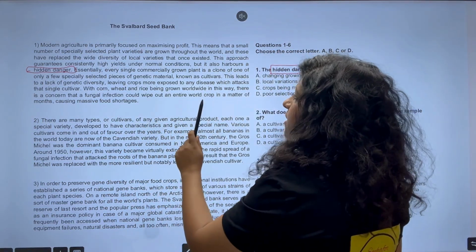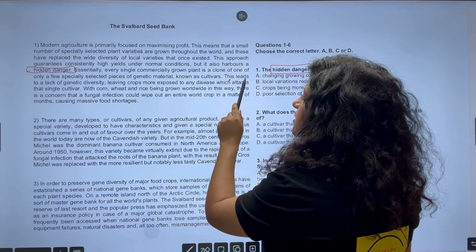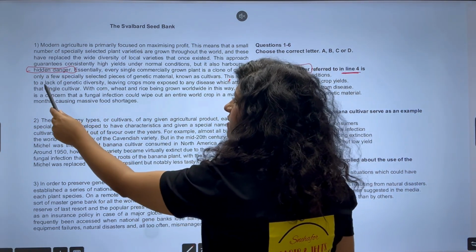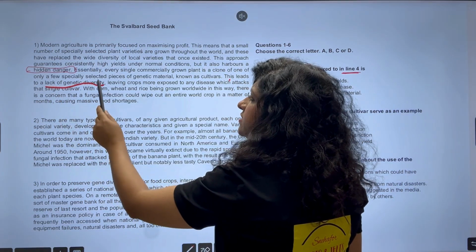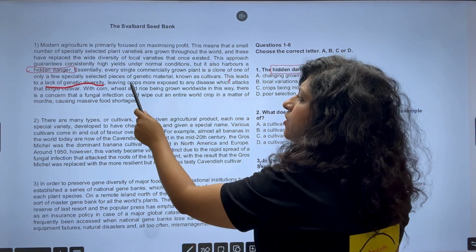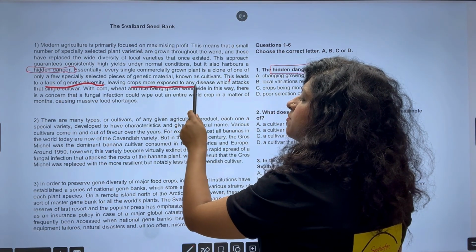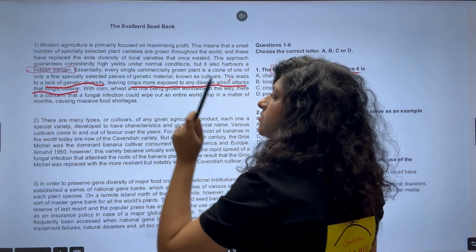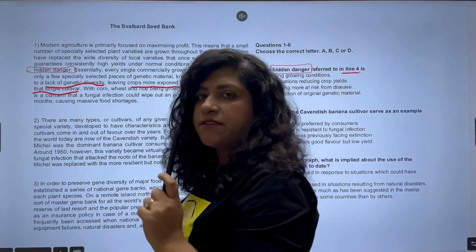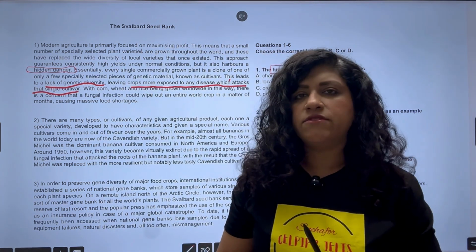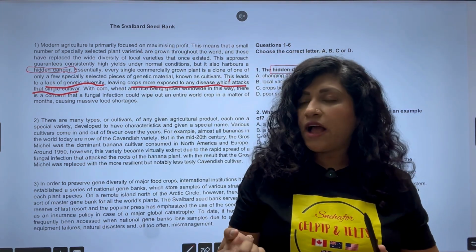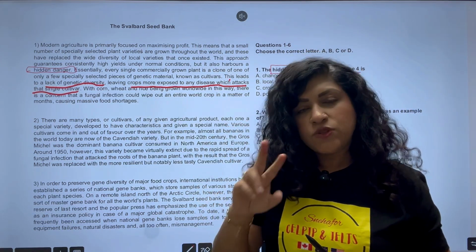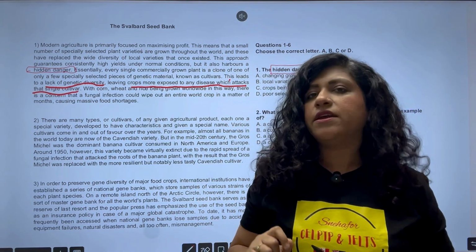It clearly says that this leads to a lack of genetic diversity, a negative idea. And because of this lack of genetic diversity, crops are more exposed to any disease which attacks that single cultivar. So both of these are negative ideas, that there is a lack of genetic diversity, and because of that there is exposure to diseases. So these two things can certainly be the hidden danger.